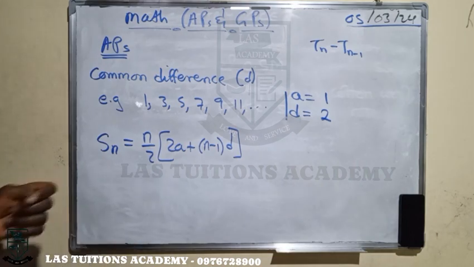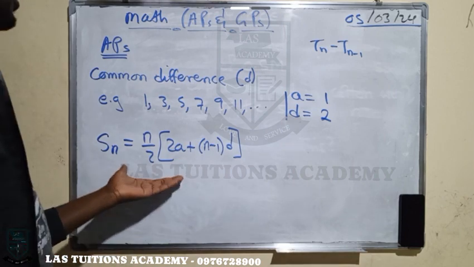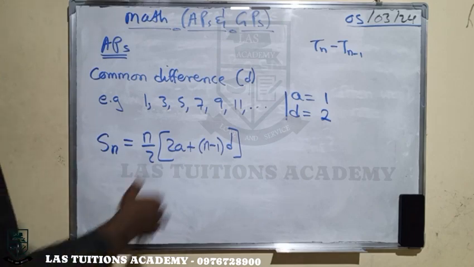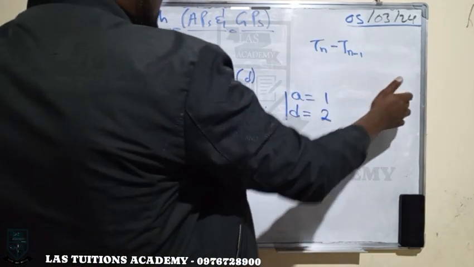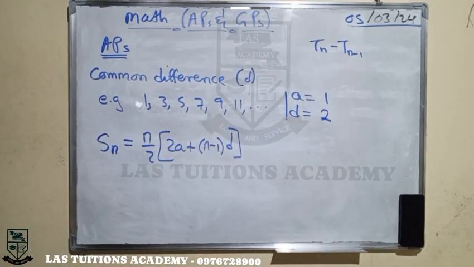So it becomes tricky. That's why you need the formula to find certain terms. Or sometimes you can be asked to find the 30th term. You may not need to list down everything. You should be able to use the formula to find the 30th term or whatever term you are asked.